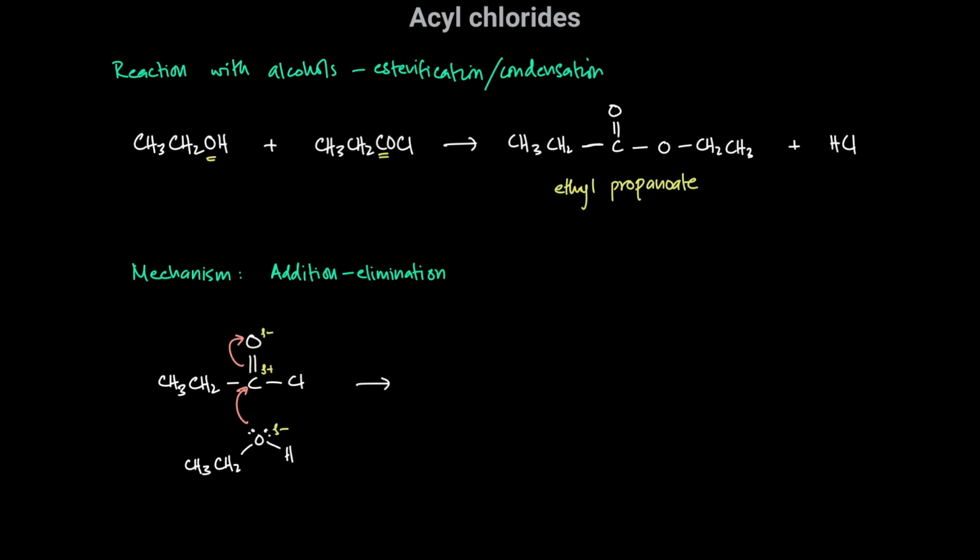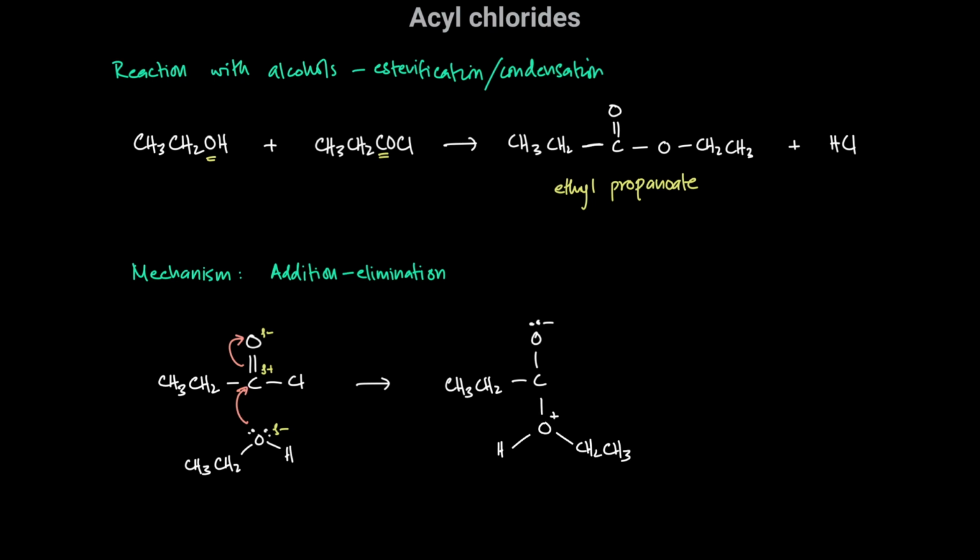So we have CH3, CH2, C with an oxygen. Now this oxygen has this additional lone pair with a negative charge. And then here we have an oxygen with an H and a CH2, CH3, and we have a positive charge on the oxygen.